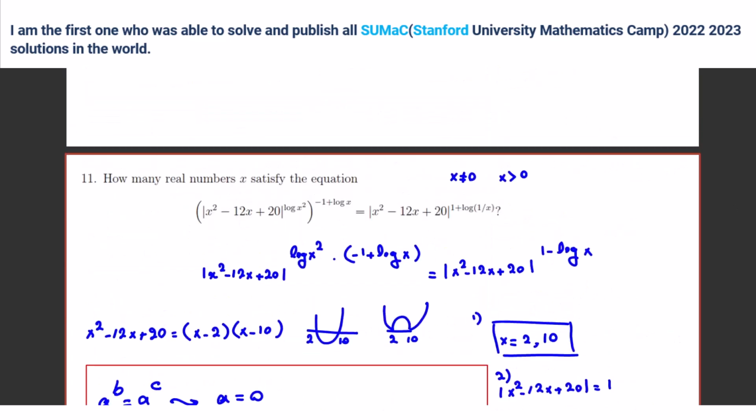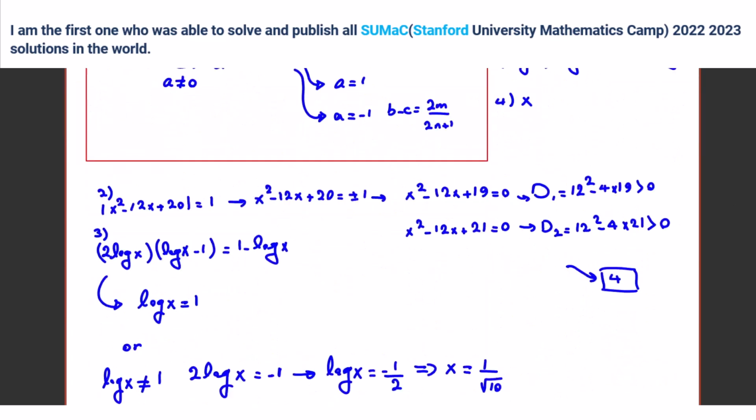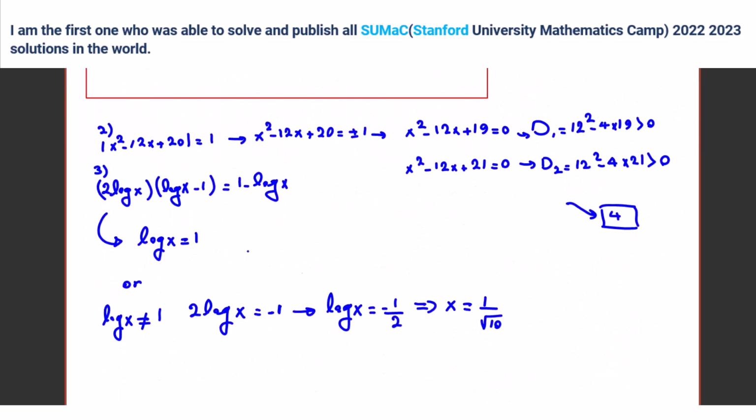Here x is positive, x is not 0, right? What about this case? x is 10, but that repeats the previous solution.